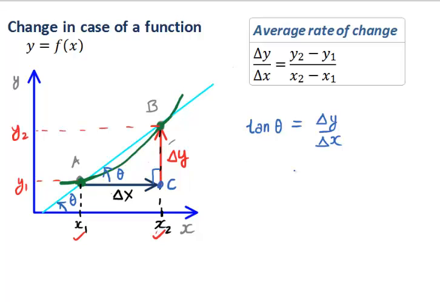So it is equal to the slope of line AB. So we have an interesting revelation of delta y by delta x graphically, that the average rate of change of y with respect to x in the interval going from A to B is the slope of the line cutting the curve at A and B.